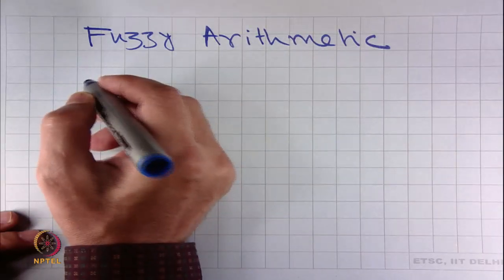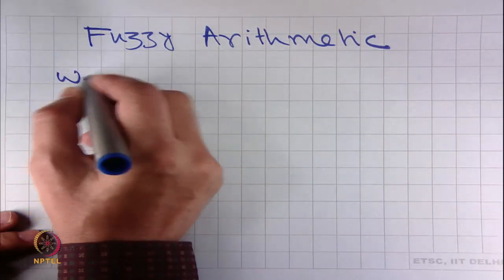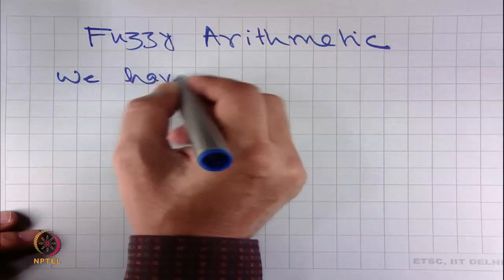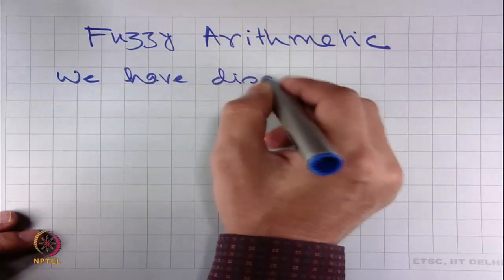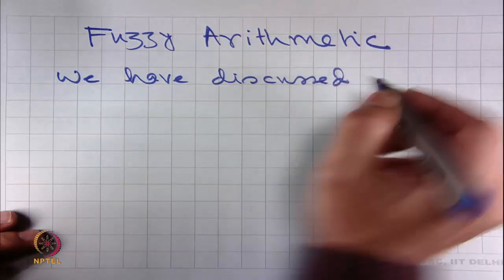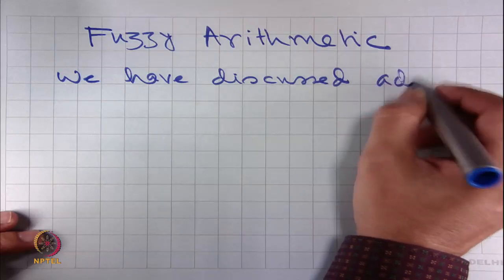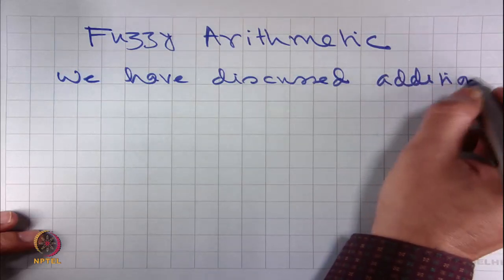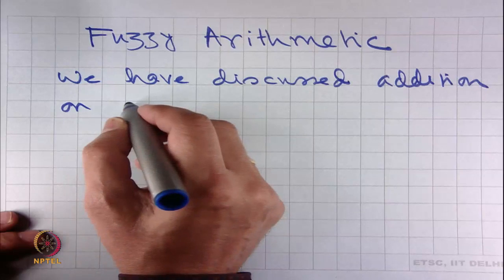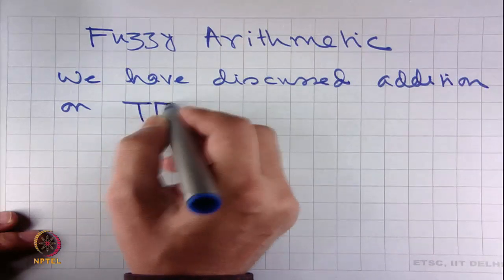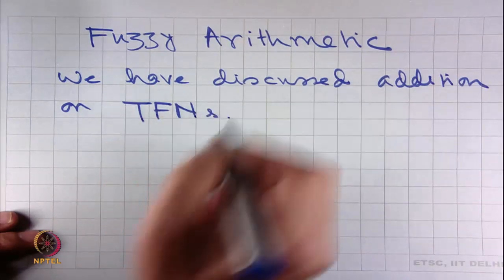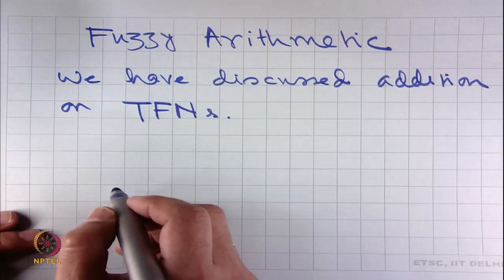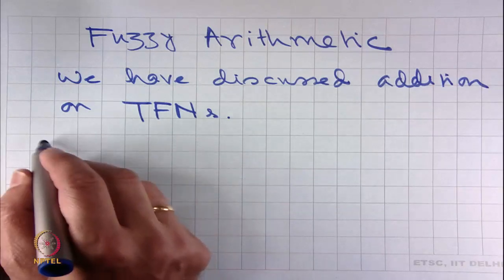In particular, we have discussed addition on triangular fuzzy numbers. We have shown that it can be done in two ways.